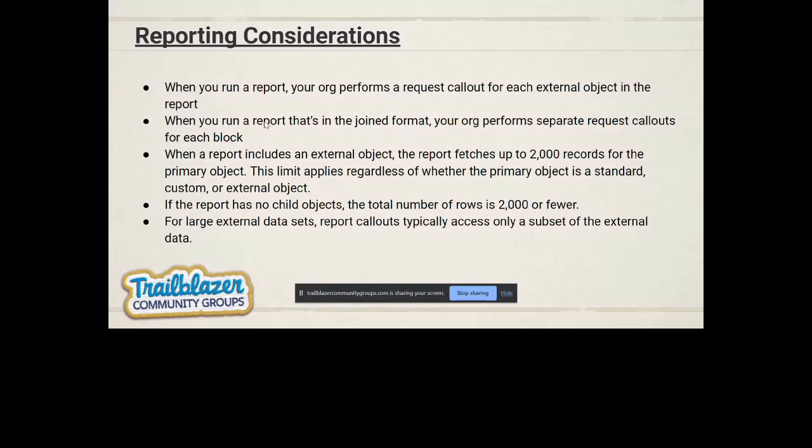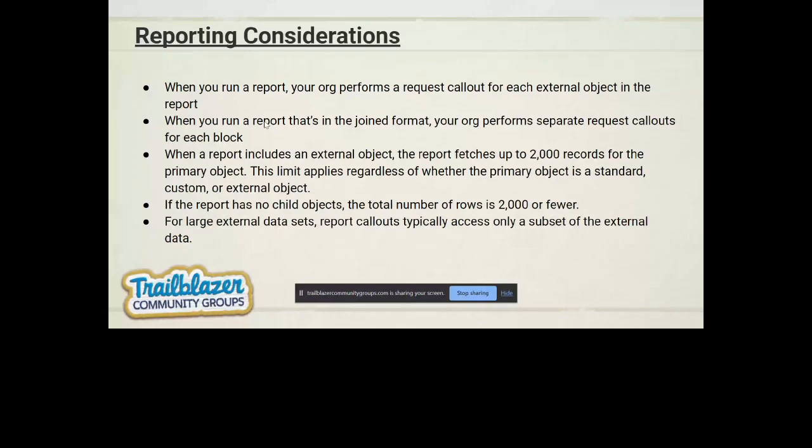I'm going to share some limitations at the end of the presentation: what are the limitations when you use OData 2.0 and 4.0, and what limitations you can bypass using OData 2.0 and 4.0. So these are some of the limitations that I thought were important. Also, just to let you know, buckets and bucket fields are not supported.